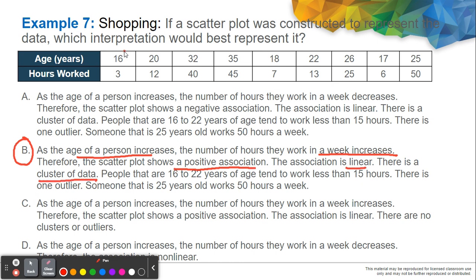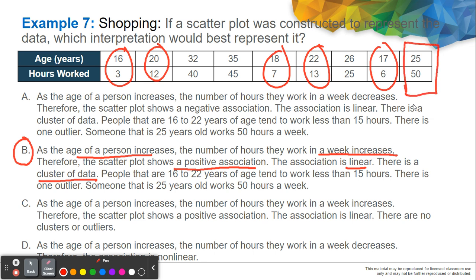If you observe people 16 to 22 years of age, like for example these people, they tend to work less than 15 hours. And we have one outlier, this one: someone who is 25 years old works 50 hours in a week. So that is the best interpretation of this data.